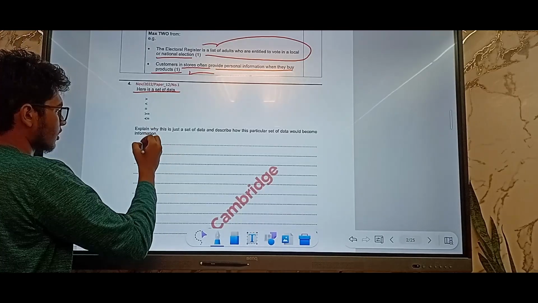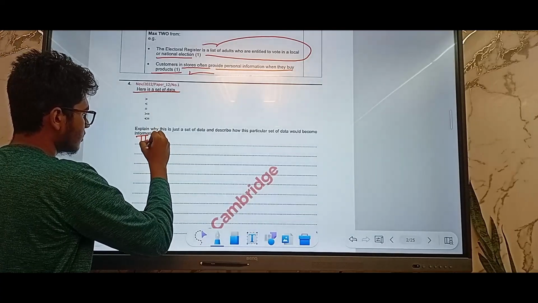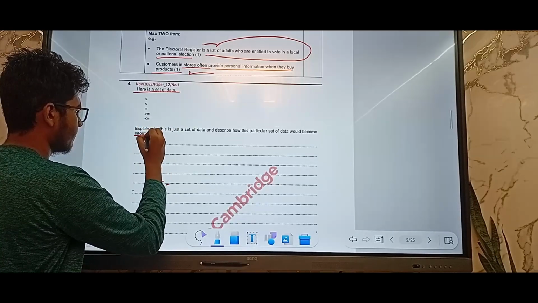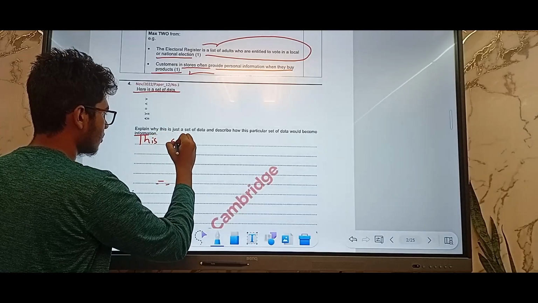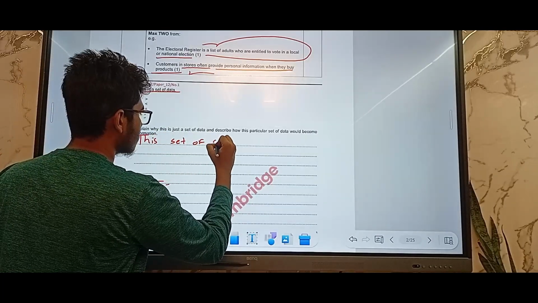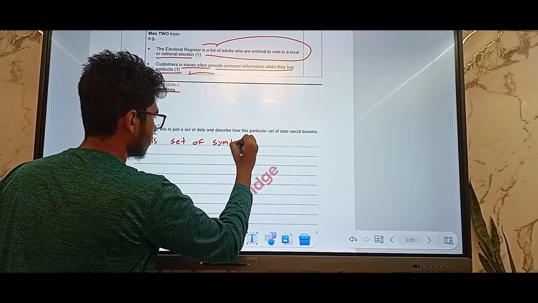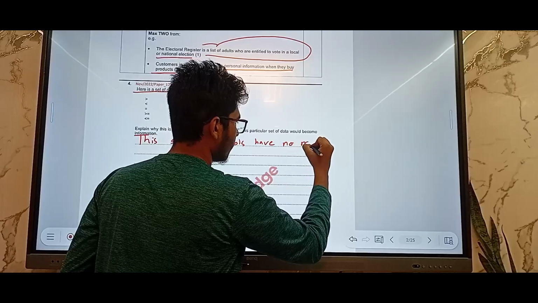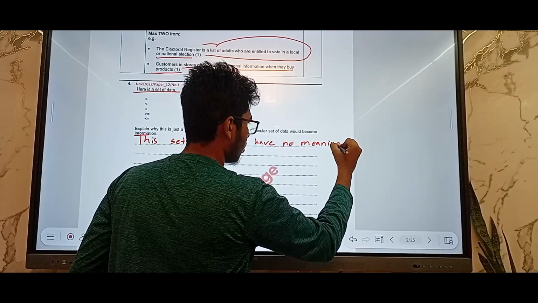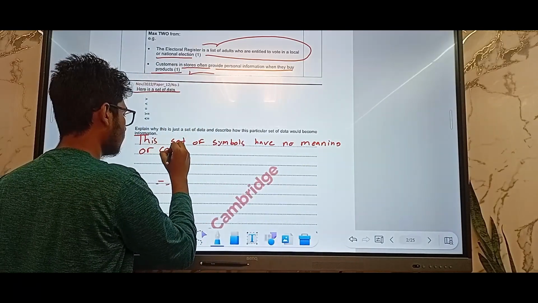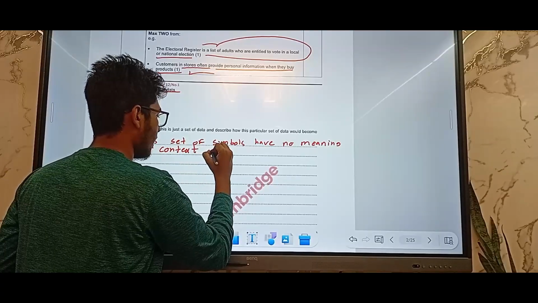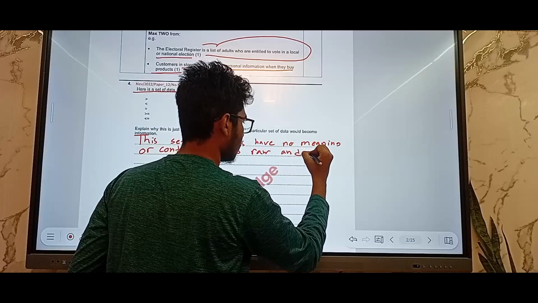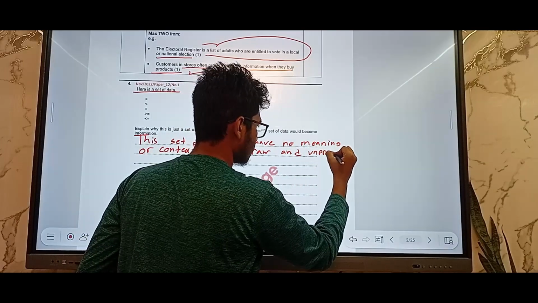So I'm going to be writing: this set of symbols have no meaning or context and is raw and unprocessed.